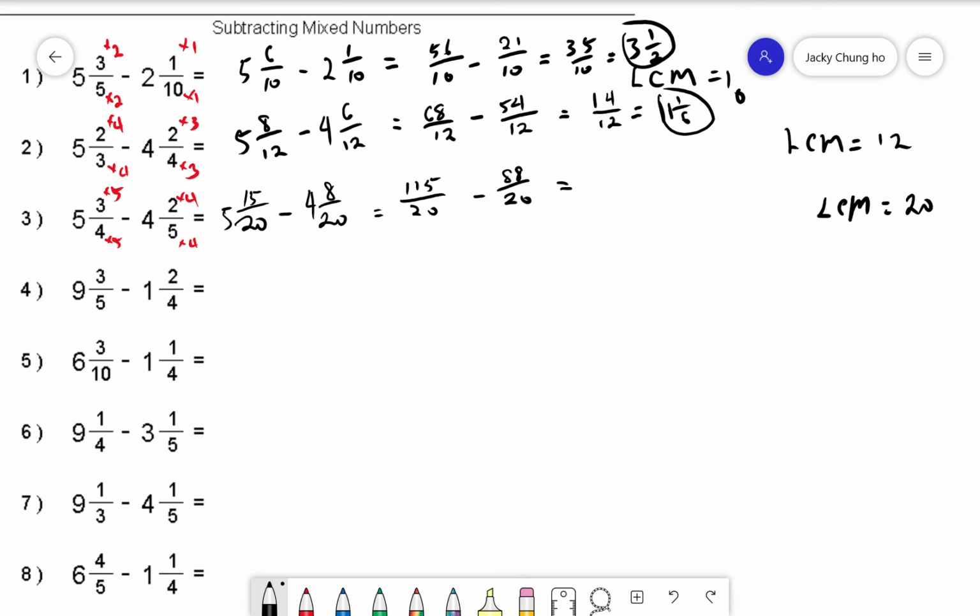So if I take the subtraction of 115 minus 88, I will have 27 over 20, which is the same as 1 and 7 over 20.